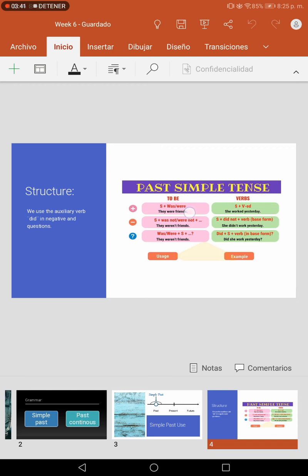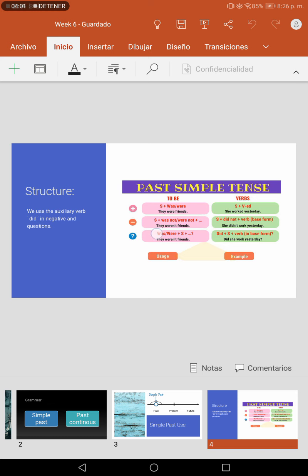And were is going to be used with plural. When the subject is plural, we're going to use were, like for example, you were, we were, they were, Fernanda and Maria were, Pedro and Isaac were, and so on. And after the verb to be, we have the complement.